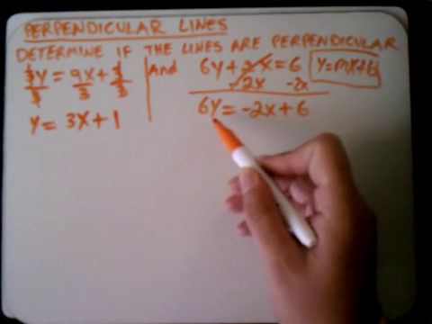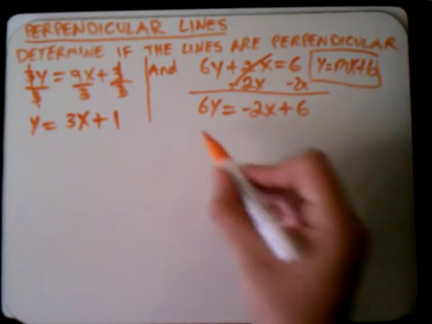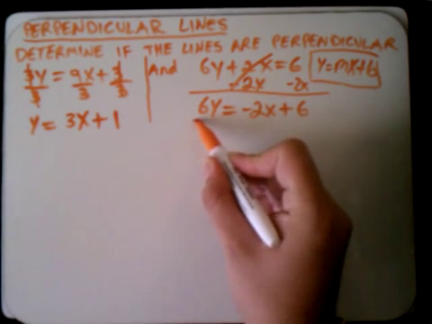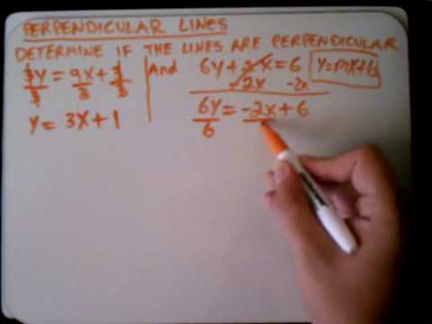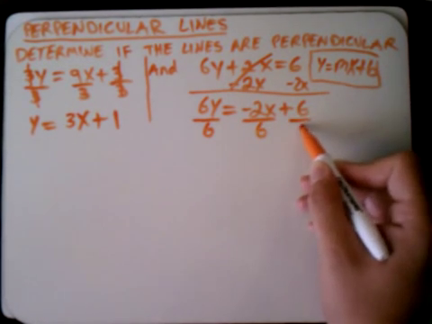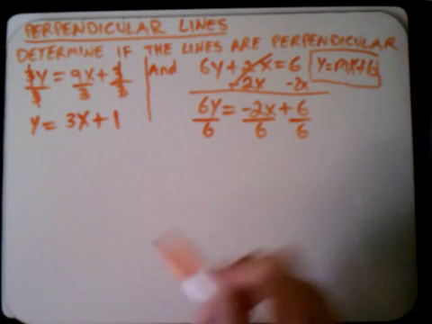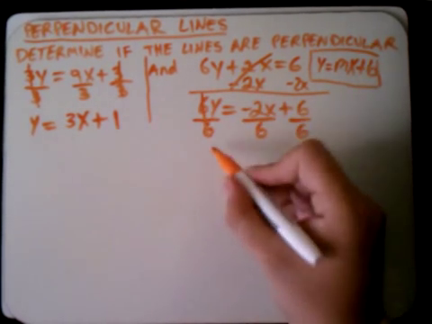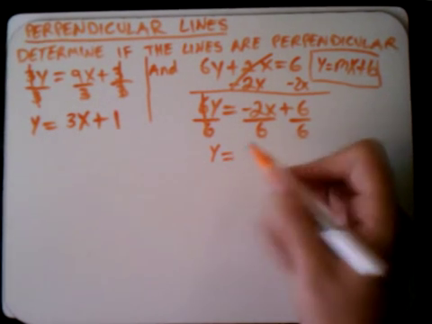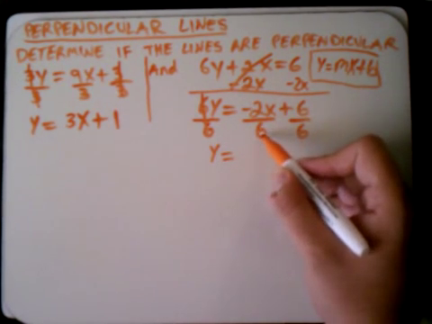I need to leave y by itself. This is a multiplication, so put a line under, the same number on the bottom. Remember, for every term, divide by 6, divide by 6. The 6's cancel, so I have y equals negative 2 over 6.